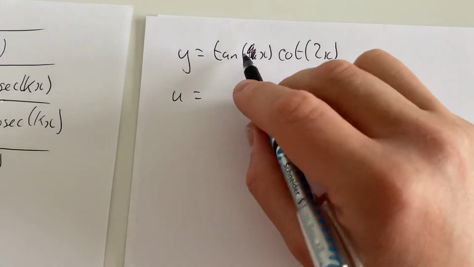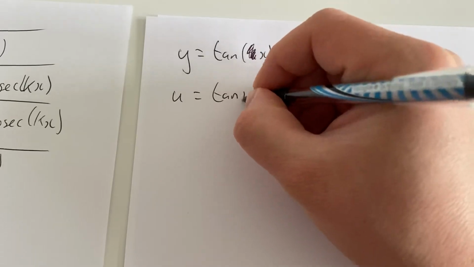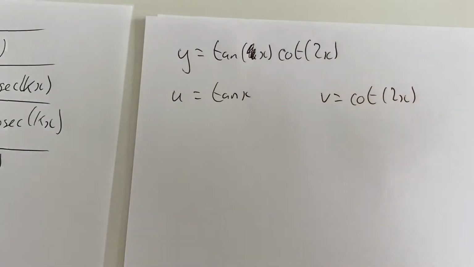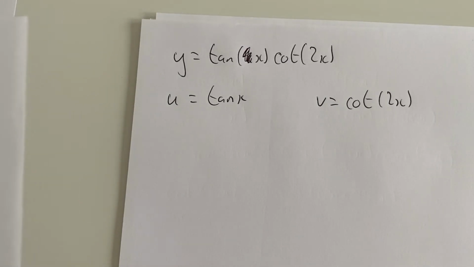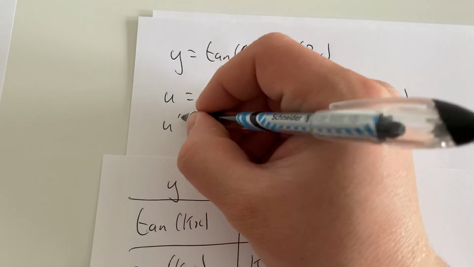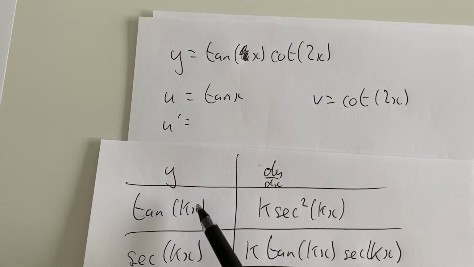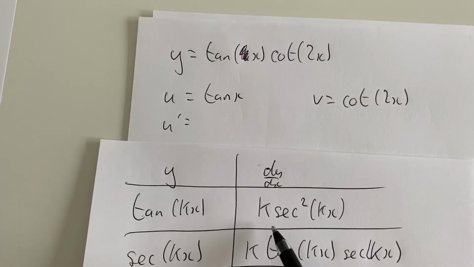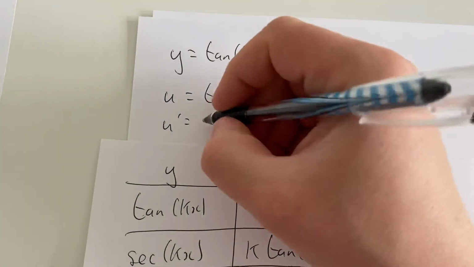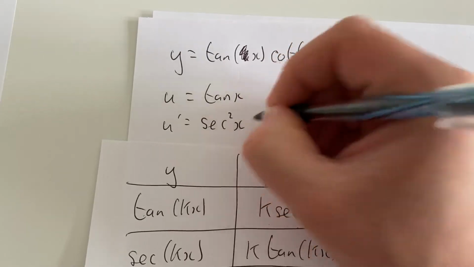So you'd say u is one of them, tan x, v is the other one, cot 2x. And if you just refer to your formula book, you could go, well, u dash, tan of 1x goes to 1 sec squared of 1x. Or tan, it just goes to sec squared.